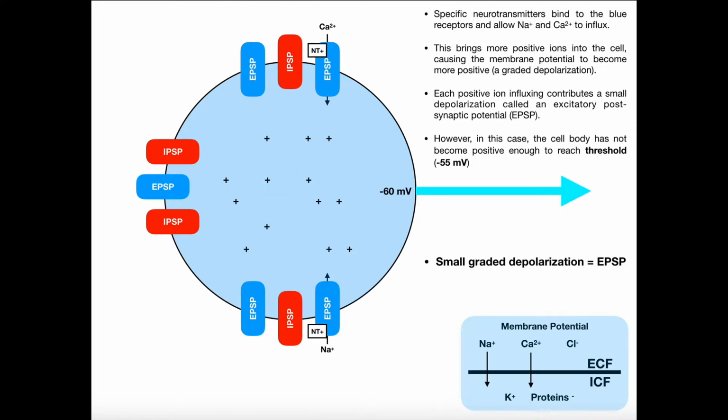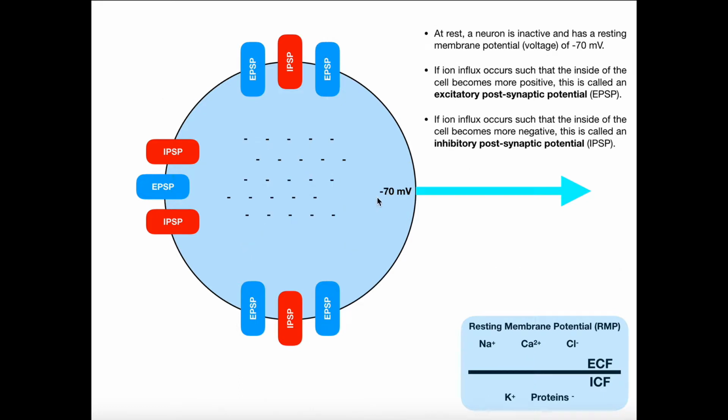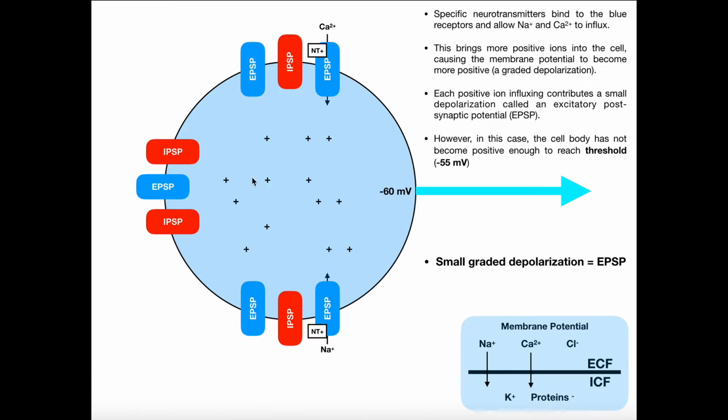All right, so on this slide, we're now going to answer the question, how do we go from resting membrane potential of -70 millivolts and ultimately get toward -55 millivolts, which is going to be the threshold of excitation, in which case then we'll get an action potential along this axon. Okay? Now, let's think about this. With this picture right here, how could we basically make the inside of the cell more positive?